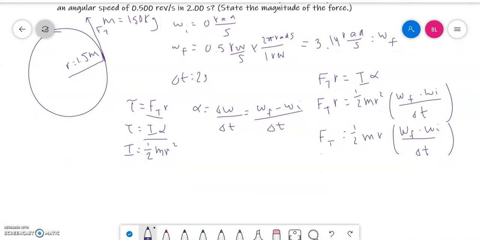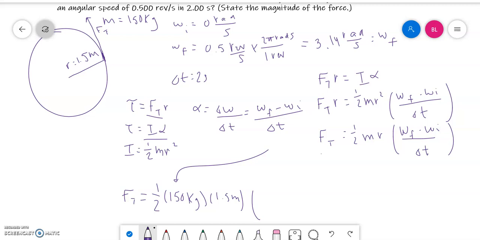And now we can just plug in what we know. I'm going to go over here to have more room. One half of the mass of 150 kilograms times the radius 1.5 meters times the change in angular velocity over time.